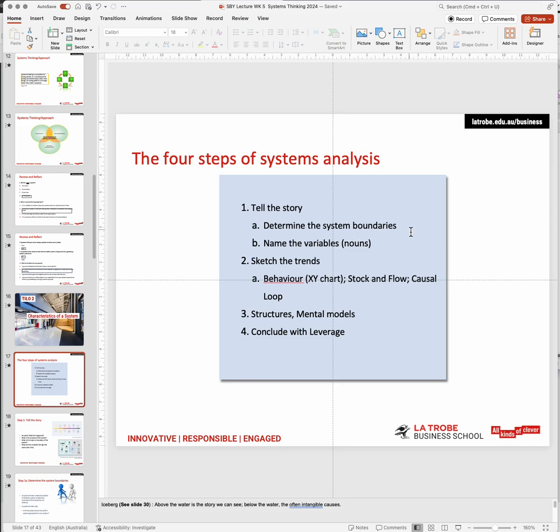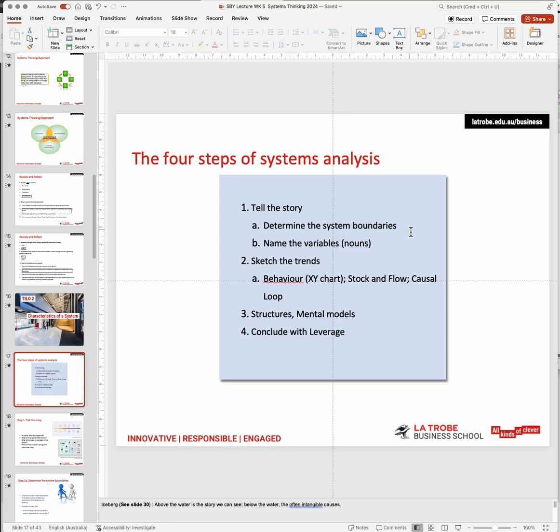Determine the system boundaries. You remember Suzanne in the video. She couldn't consider the whole of the problem. She was looking at the problem of obesity, and she's not going to be able to go to Coca-Cola and knock on their door and say, could you stop selling Coke because it's a leading cause of obesity in children, because she doesn't have the resources, the time, or the money.